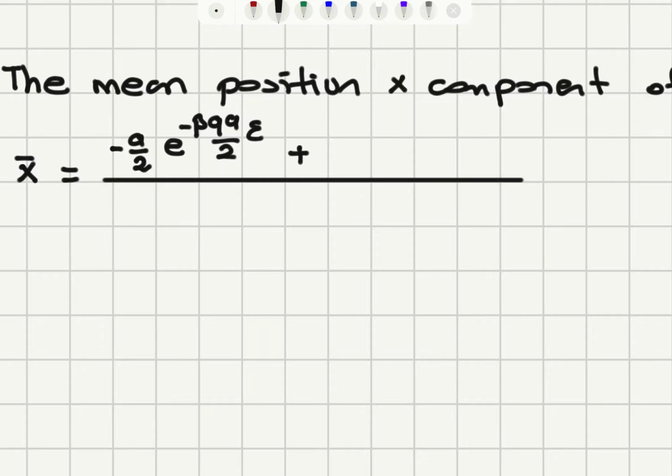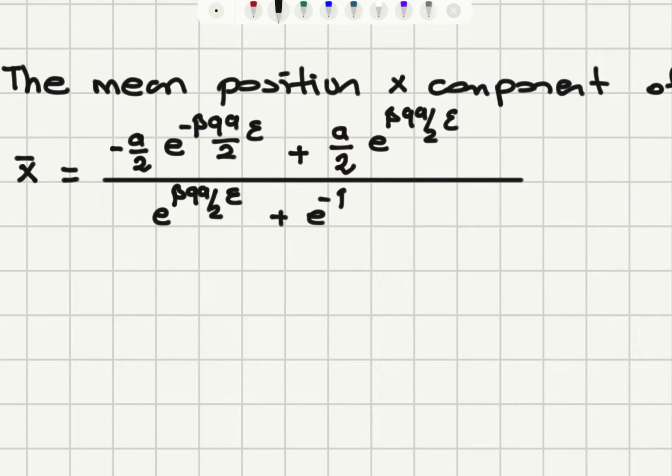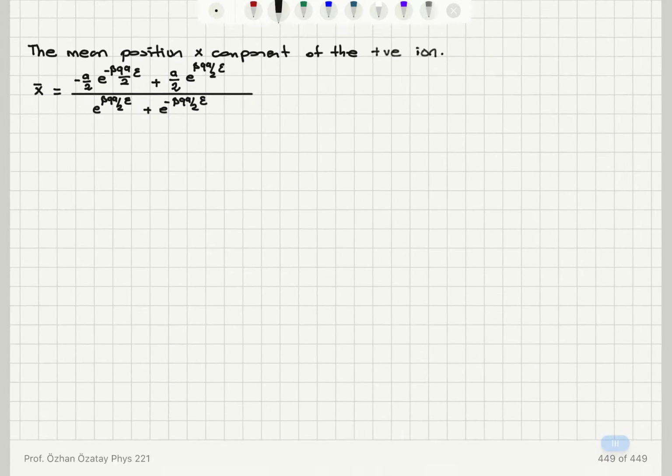Or the x component of the position vector could be plus a over 2 with e to the beta qa over 2 epsilon, and then here I have the partition function, e to the beta qa over 2 epsilon plus e to the minus beta qa over 2 epsilon.